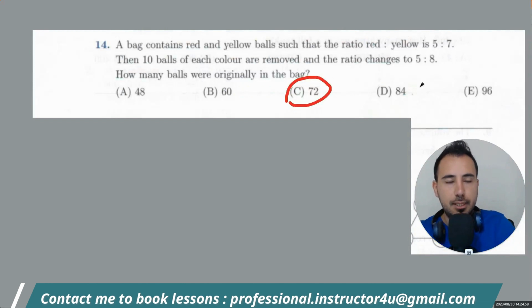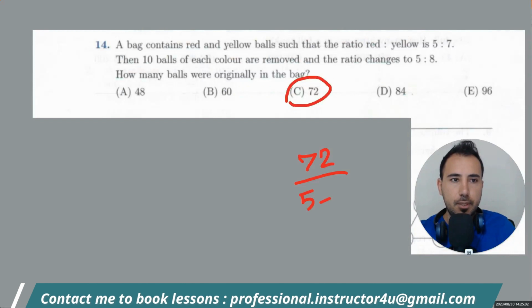Okay, so if the original number in the bag were 72, how many of red and how many of yellow do we have? It's going to be 72 divided by 5 plus 7, which is 6. So that means we had 30 of red and 42 of yellow. I just multiplied 6 by 5 and 6 by 7.